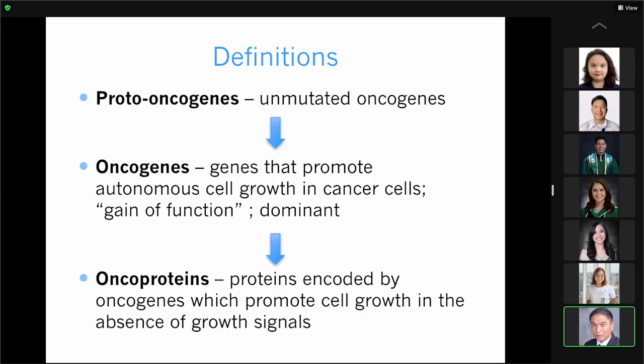So again, kanina dun sa first, proto-oncogenes, growth-promoting genes. Unmutated yon. The mutated counterpart are called oncogenes, oncogenes encoding for oncoproteins.